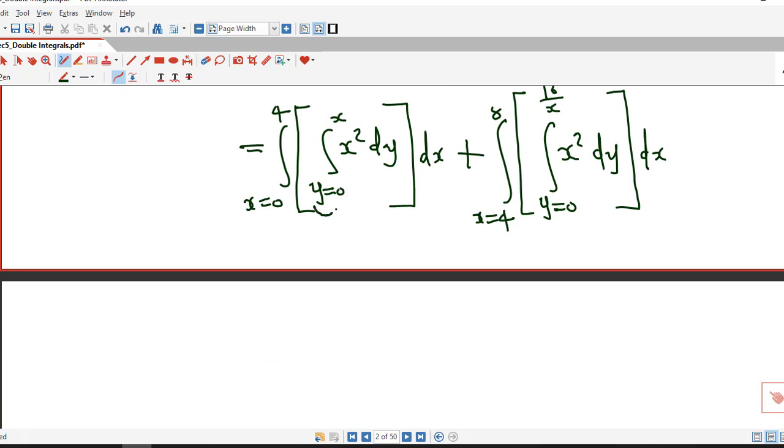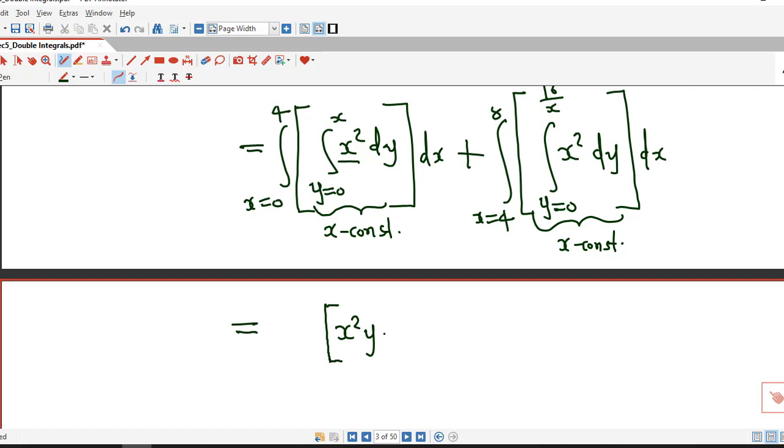Here the first integral is with respect to y, so we consider x as constant. Same thing here, while integrating with respect to y, x is considered as constant. So x square is constant, and the integral of 1 with respect to y is y. So the integral is x square into y. Y is from 0 to x.